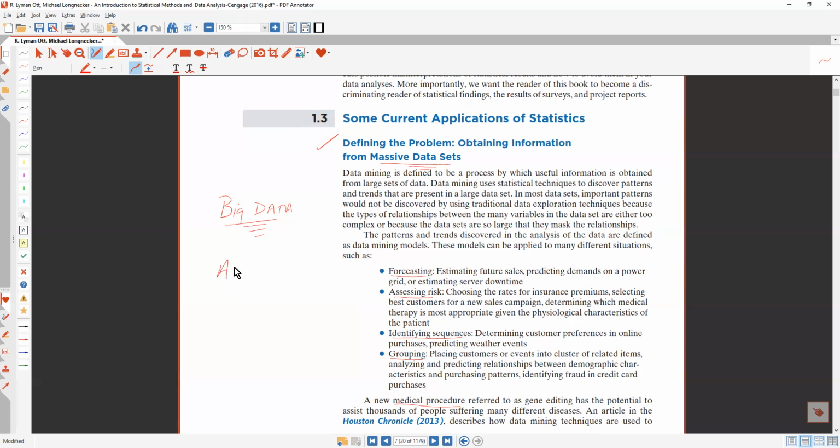For instance, Amazon can collect a whole bunch of data about what you're purchasing and when, and they can use that data to help target ads and predict what you're going to buy next, right?